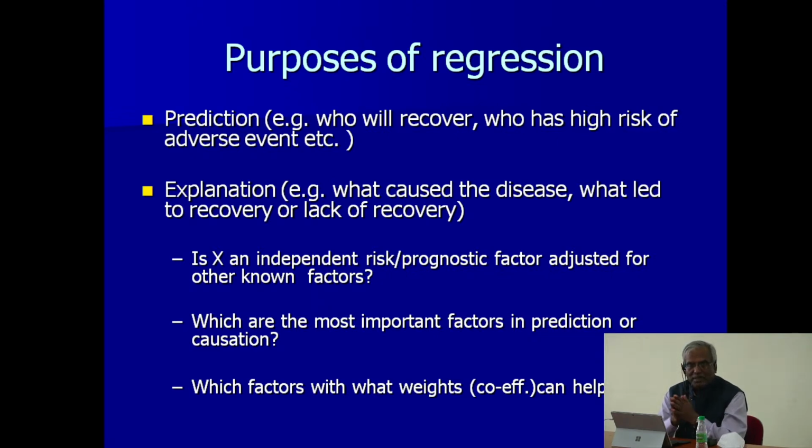You can use regression for that also, but that requires, as I told you in the first instance, a lot of thinking, a lot of knowledge of biology, a lot of justification for why you will include some variable or you will not. Because if you remember, when I asked you, does an increase in weight cause an increase in systolic blood pressure?